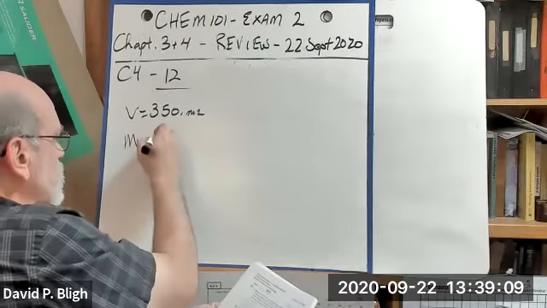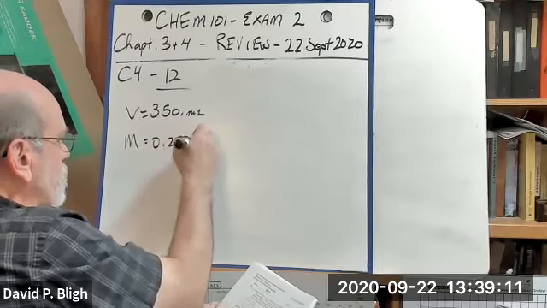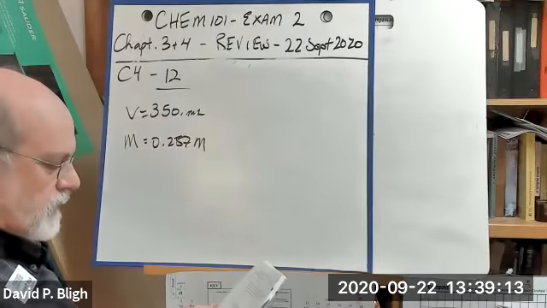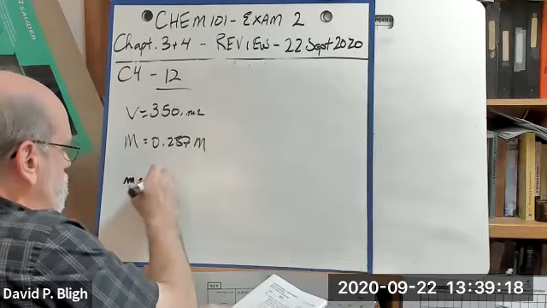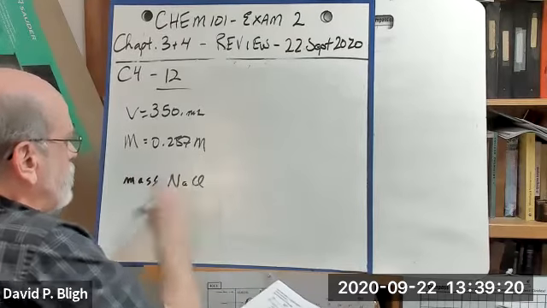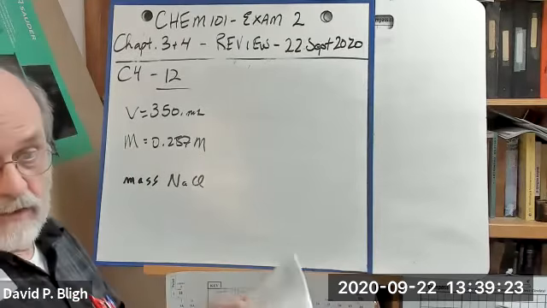So the molarity is 0.287 molar. And the question is, what's the mass of sodium chloride in that solution?